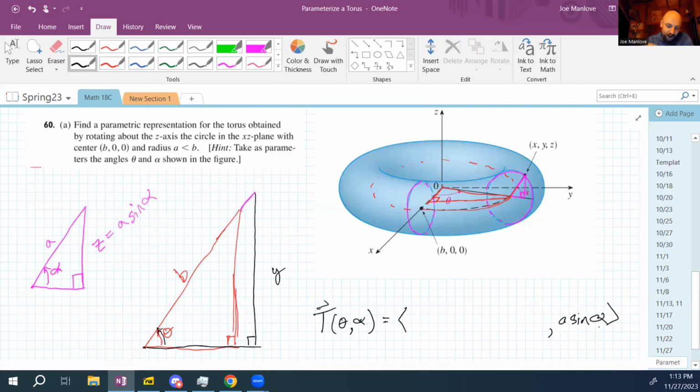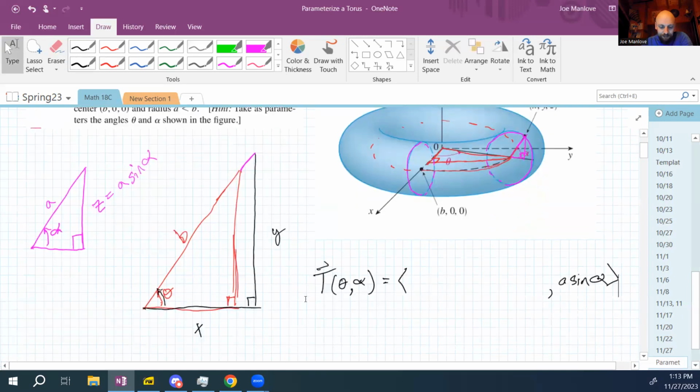So the little bit of work I've got to do is I need to think about X and Y here with my slightly bigger triangle. And in order to think about my slightly bigger triangle, I need to know how much bigger it is. So my hope is that you could think about this side here and realize that that side there is going to be A cosine alpha.